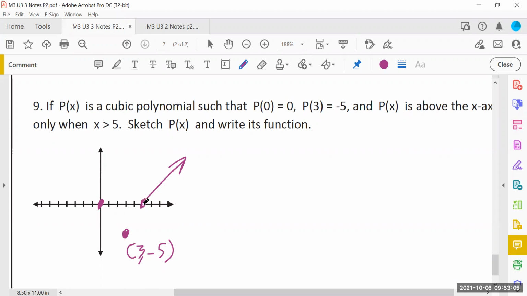Well, I come down, I hit the point they tell me, I come up. Can I go through that point? If I go through it, am I above the x-axis again? And they told me that doesn't happen. So instead, I'm going to bounce off. So these last few, they're giving you hints about what the graph looks like instead of actually telling you. And you're supposed to puzzle it out, figure out what does that graph look like from what they told me.